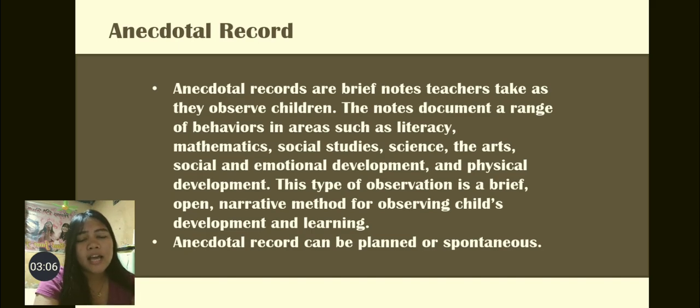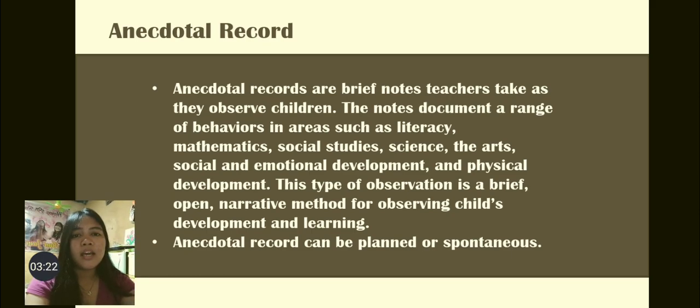In a way that the teacher can write down all of their observations of the child, and write down any observation that she or he thinks could be helpful for the goal the teacher wants to achieve.